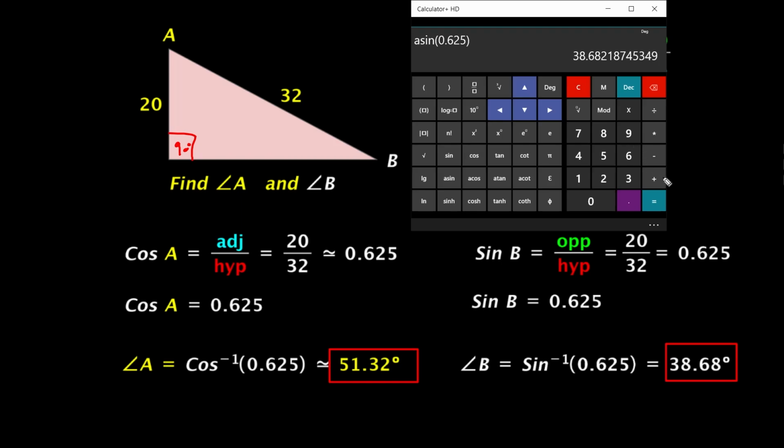So we add the angle A, which is 51.32, plus the angle B, which is 38.68. Even if we don't get 180, we will get very, very close to 180, and the 90. Okay, we are getting 180. The sum of three interior angles of any triangle is 180.